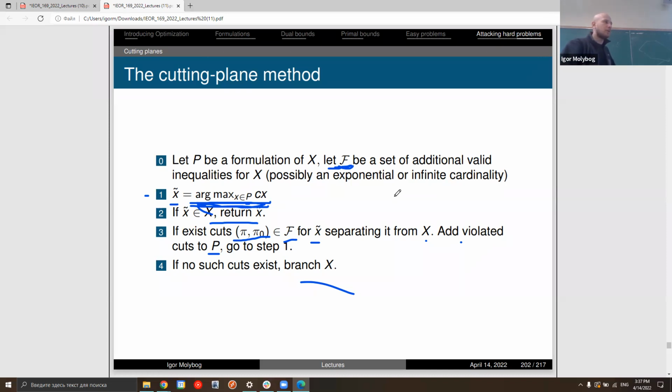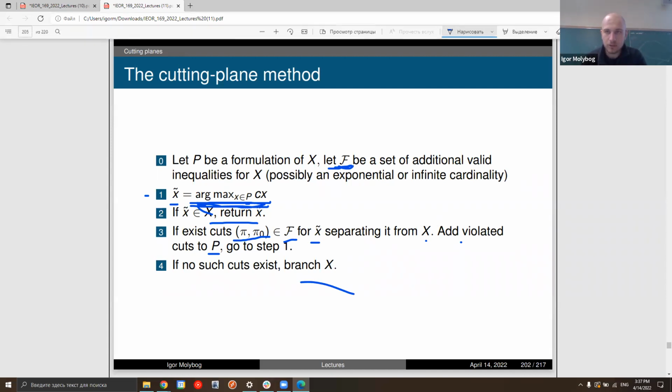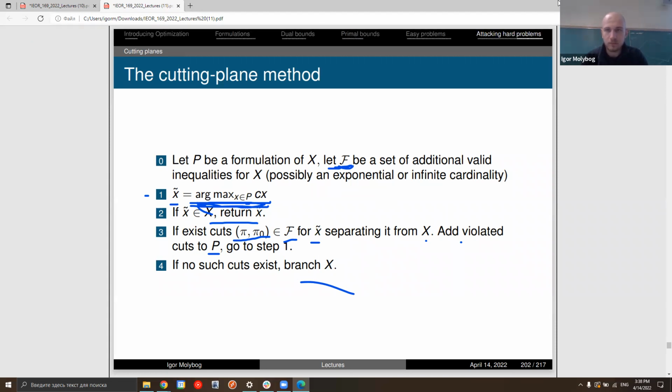I remember that when we were discussing TSP, let me actually pull that up. Okay.